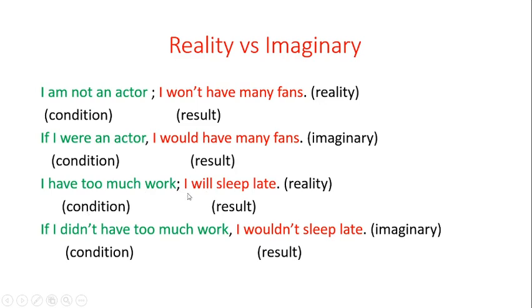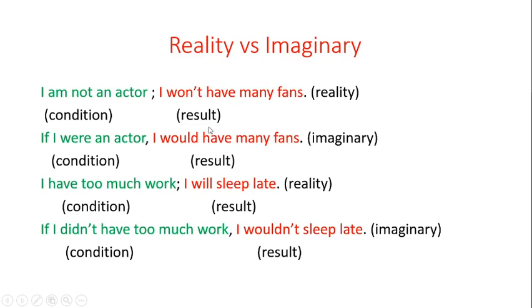So you notice maybe in this moment that when we use a condition and a result in the reality, we turn them in the second conditional to a form that is opposite to the form that we use in the reality. For example, a condition that is negative turns into a positive condition in the second conditional.